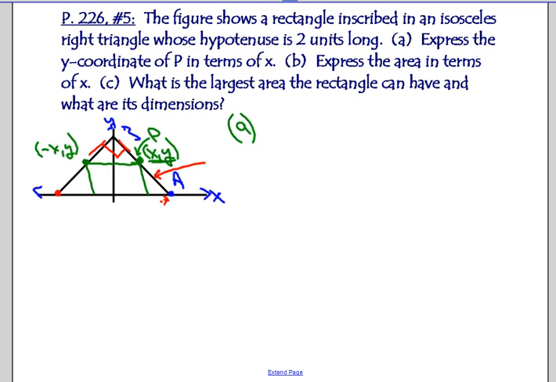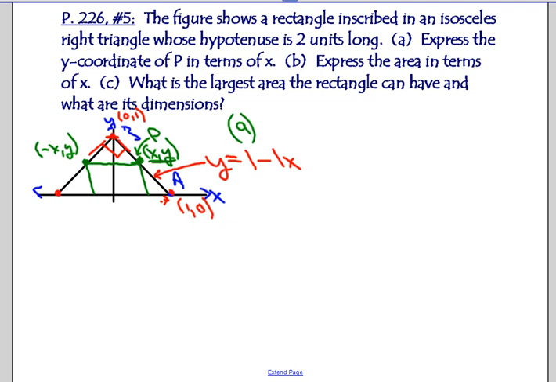So you know the slope is 1, or in this case, -1. And I can get the equation of that line or that side. It's y equals, look up here, the y-intercept is 1, and the slope is -1. Or again, if you're not quite following that, you know that this point here is (0, 1) and this point down here is (1, 0).